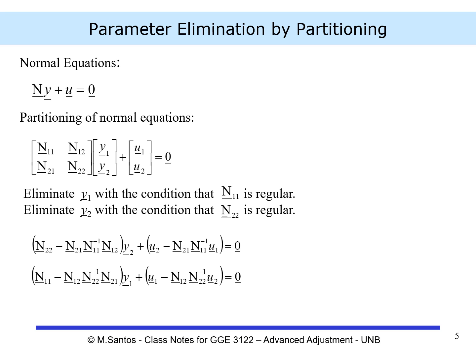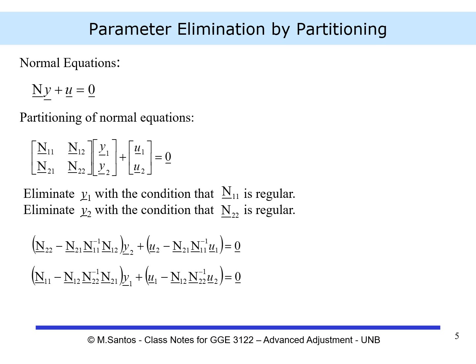That's not a symmetric matrix. The vector of parameters has been subdivided into vector y1 and y2, and the normal vector accordingly subdivided into 2 vectors u1 and u2.